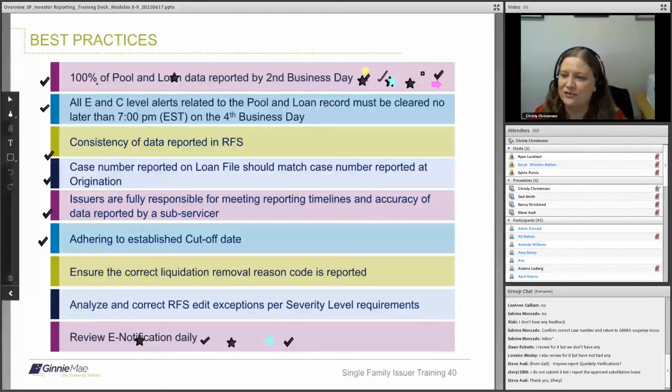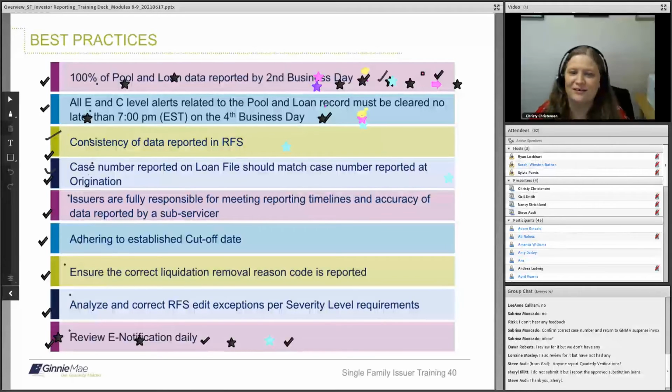Seeing some stickers. Wonderful, yes. I like all the check marks on the left because yes, they are all very important. So that is wonderful. Thank you, everyone.